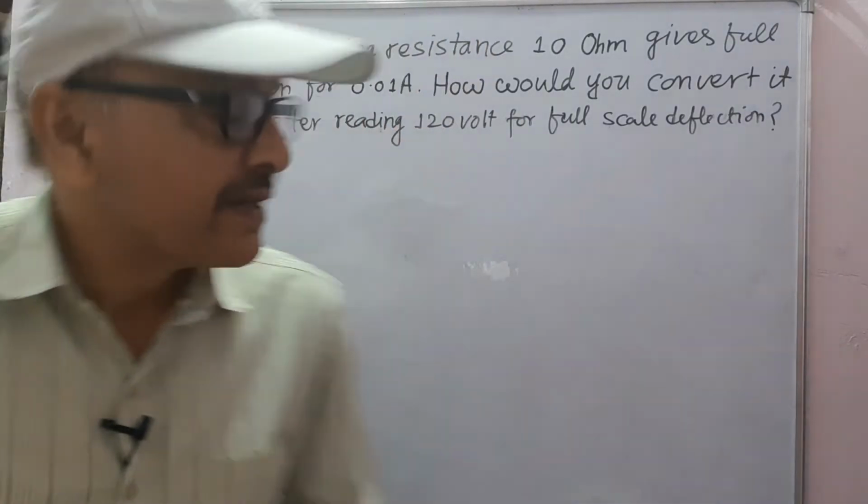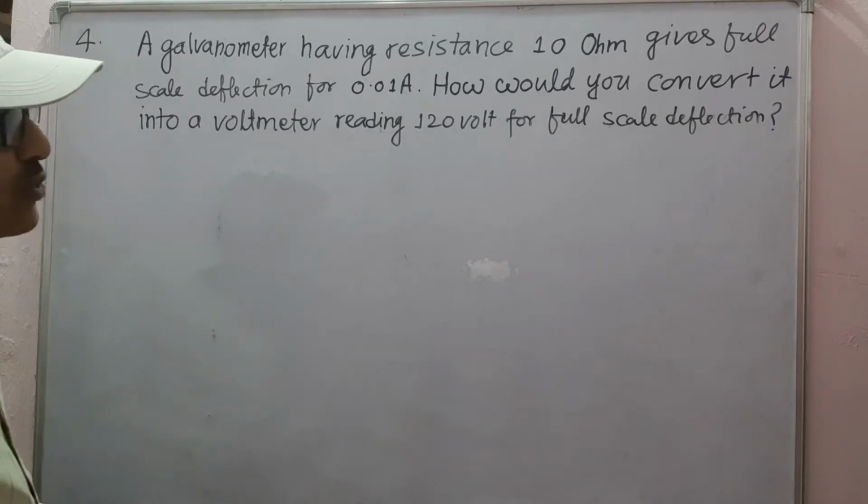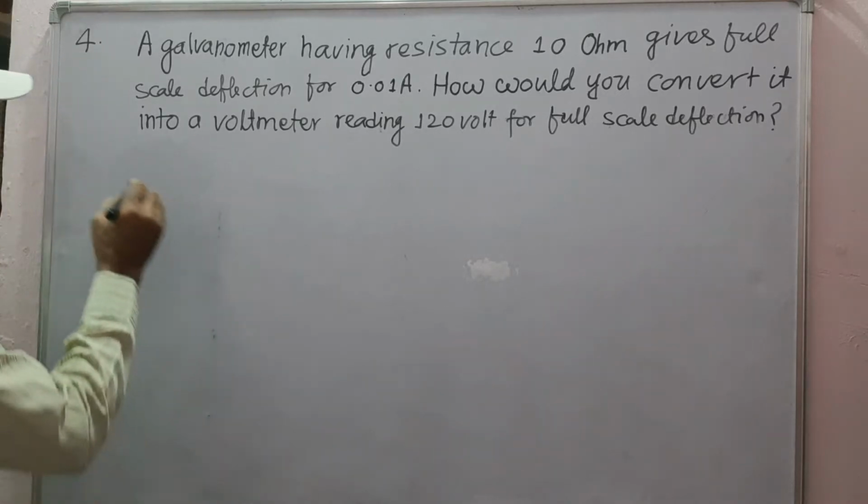Next question is, a galvanometer having resistance 10 ohm gives full scale deflection for 0.01 ampere. How would you convert it into a voltmeter reading 120 volt for full scale deflection? Solution.